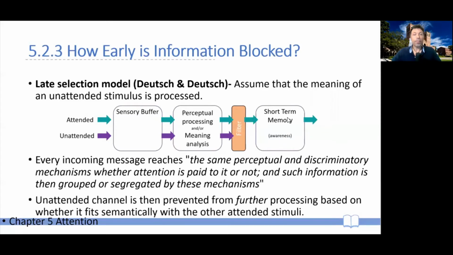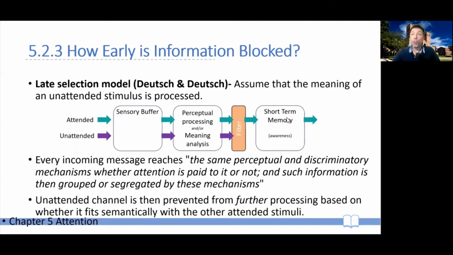In fact, these are the words of Deutsch and Deutsch: every incoming message reaches the same perceptual and discriminatory mechanisms, whether you're paying attention to it or not. This information is then grouped or segregated by these mechanisms according to whether you want to attend to it or not. So all the information gets processed fully.